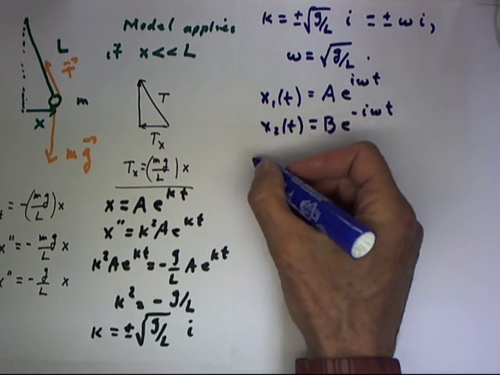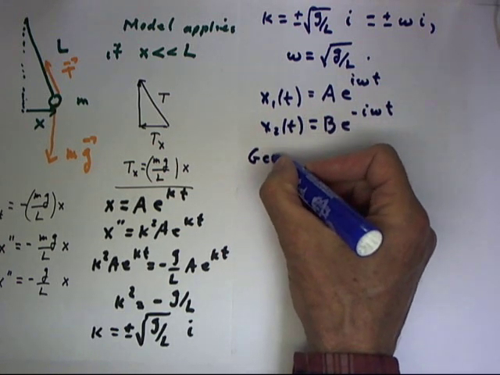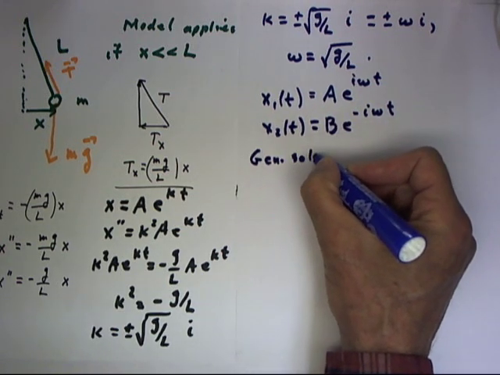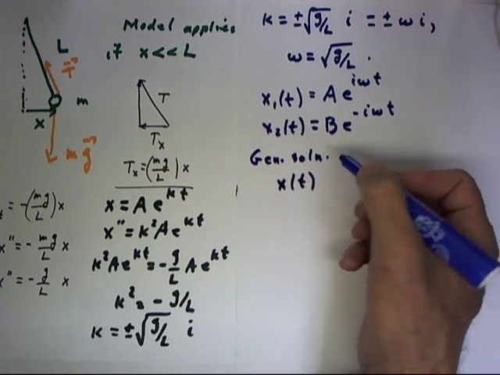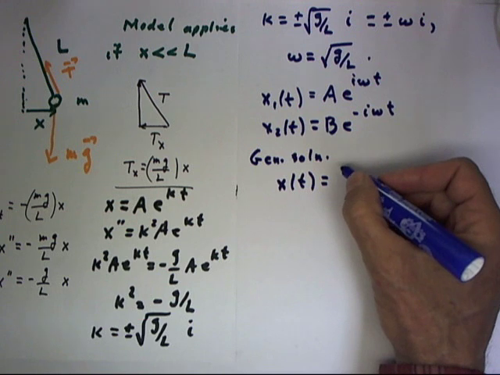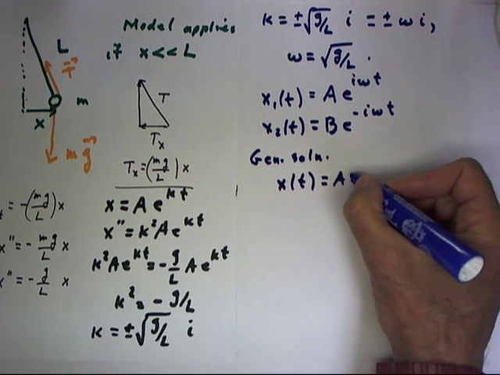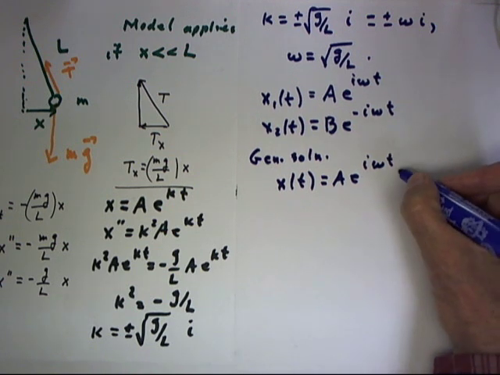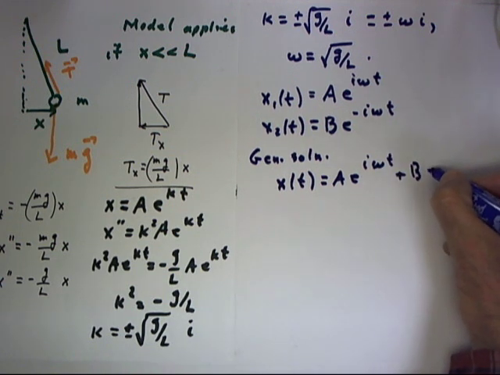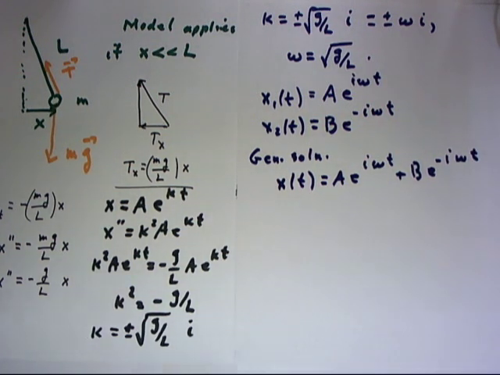And our general solution then is x of t equals a e to the i omega t plus b e to the negative i omega t.